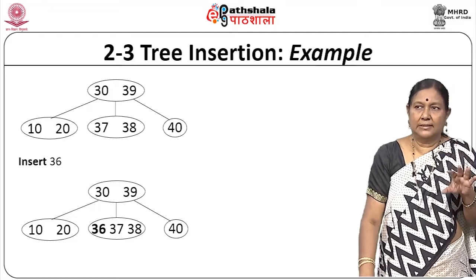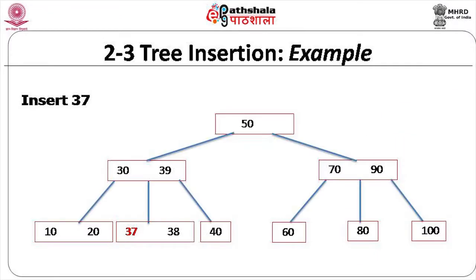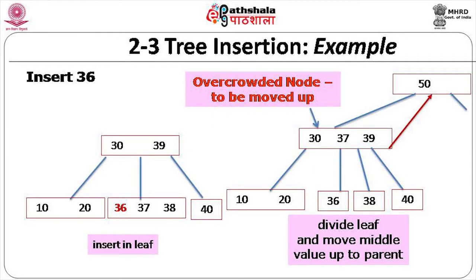So, now it has 3 values. Now, let us assume that we want to insert 37. 37 has been inserted. Now, you want to insert 36, that is what we saw before. So, 36 is inserted. Now, if you look at this here, this 36, 37, 38 is overcrowded.